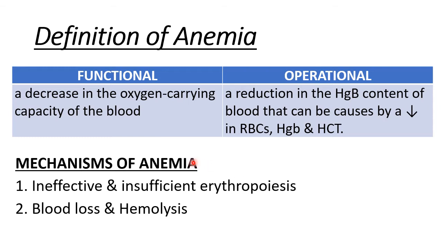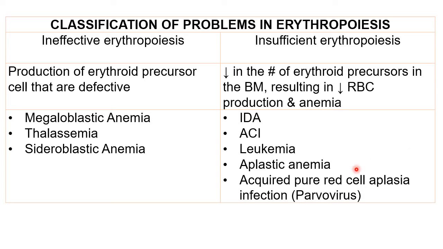For the mechanisms of anemia, we have problems regarding erythropoiesis, and second, blood loss and hemolysis. Discuss natin yan later on pagdating sa mga classification of anemia. Pero as an overview, ano yung mga problems regarding sa erythropoiesis? Una, ineffective erythropoiesis. May ongoing RBC production, pero yung naproproduce na cells are defective.